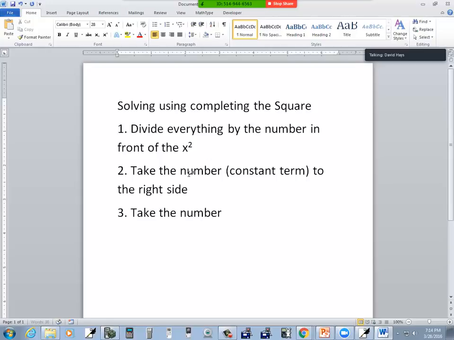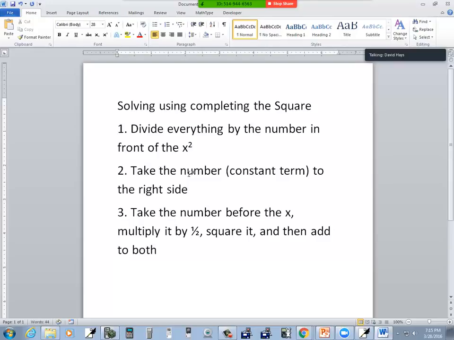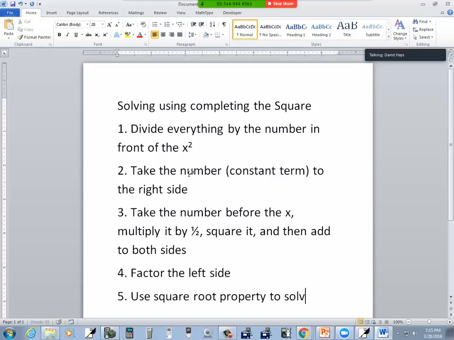Take the number before the x, the coefficient, multiply it by 1/2, square it, and then add to both sides. Step 4, factor the left side. And step 5, use the square root property to solve for x.